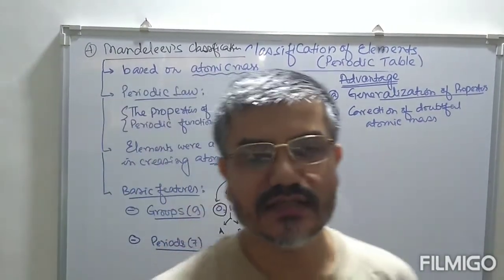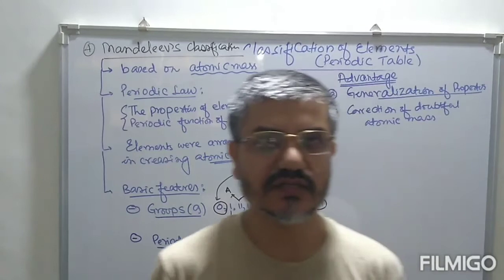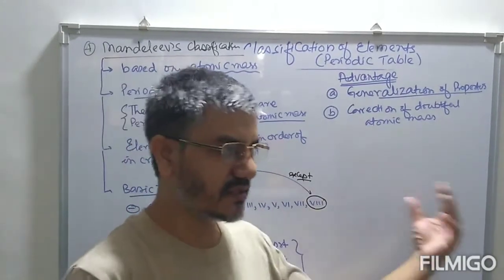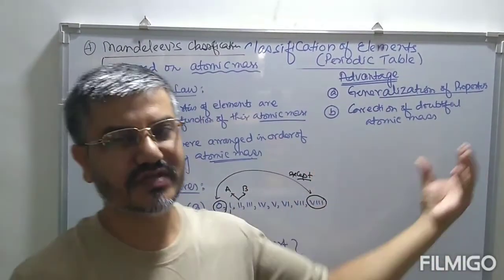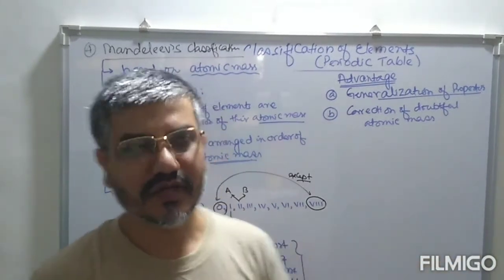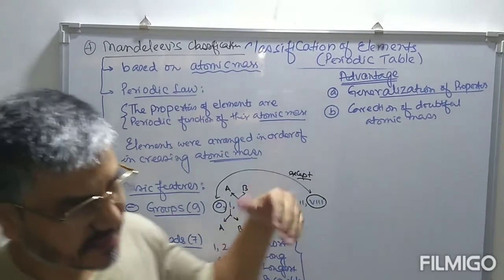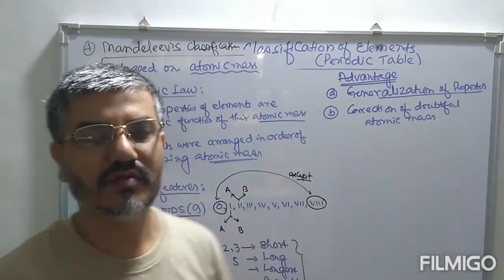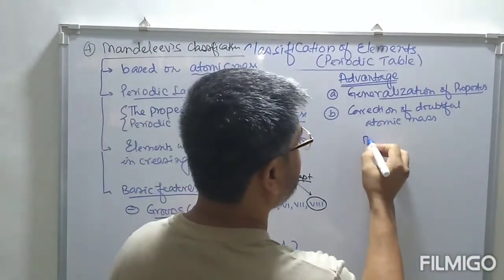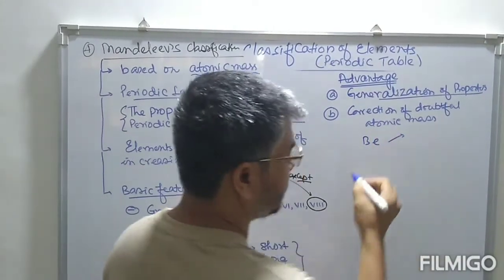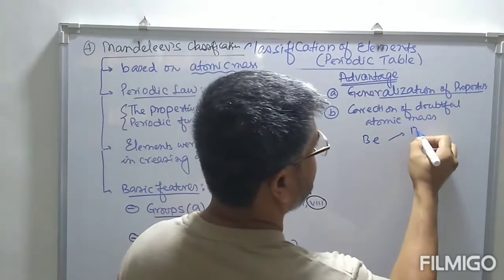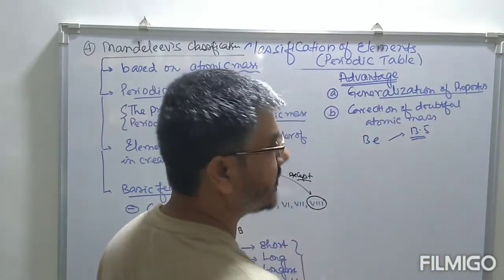While elements are arranged in order of their increasing atomic mass, before his classification, the atomic mass of certain elements was found to be doubtful. But when Mendeleev gave the classification based on increasing atomic mass, he corrected those doubtful atomic masses, like beryllium. Before this classification, its atomic mass was considered to be 35.